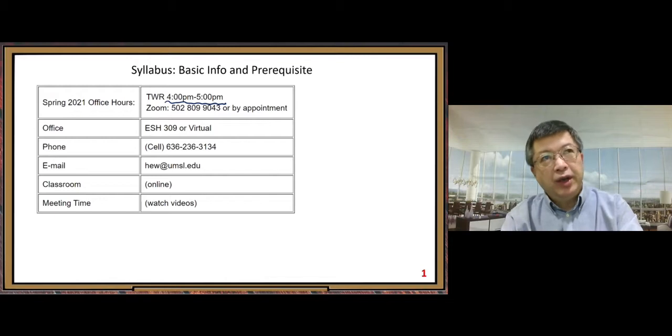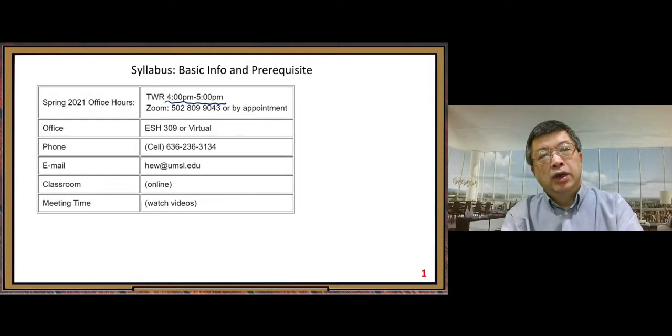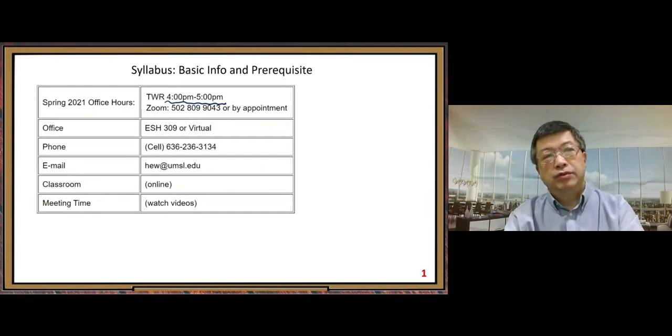Every 2 or 3 weeks, there are 1 or 2 students. So what I mean is, if you have questions, just come to the office hour. You have plenty of time.